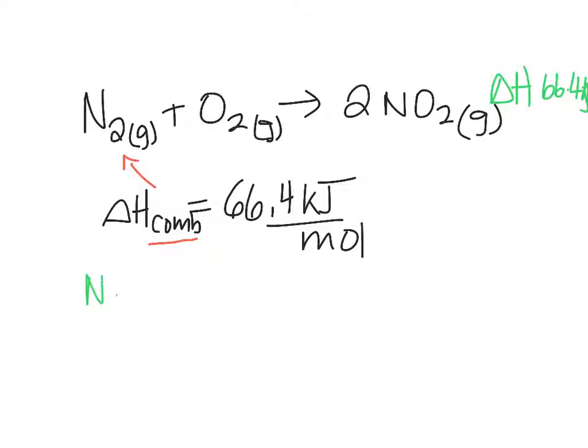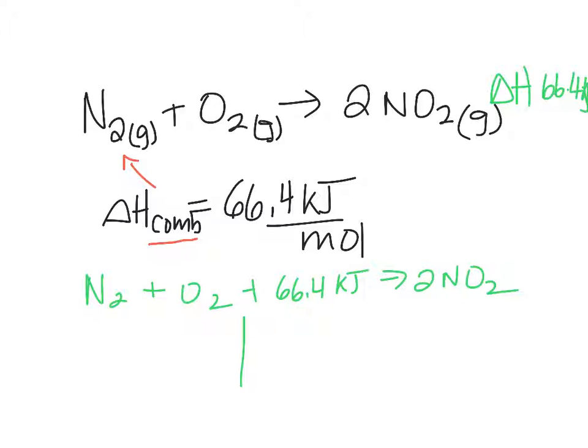Or you're going to write N2 plus O2 plus 66.4 kilojoules makes 2 NO2s. Okay? No. It doesn't matter what order as long as it's on the left. Guys, don't pack up yet. And then your potential energy diagram. Are you stepping up or stepping down? Up.